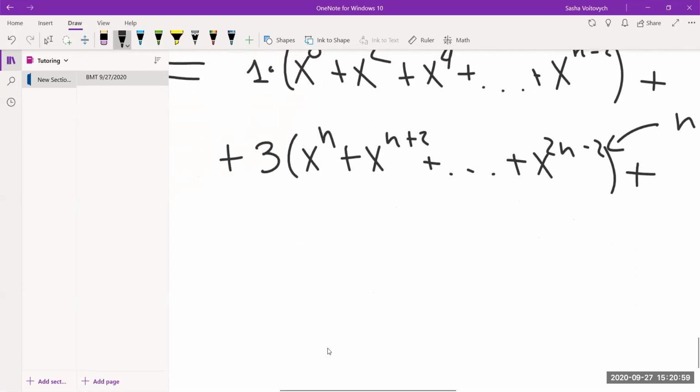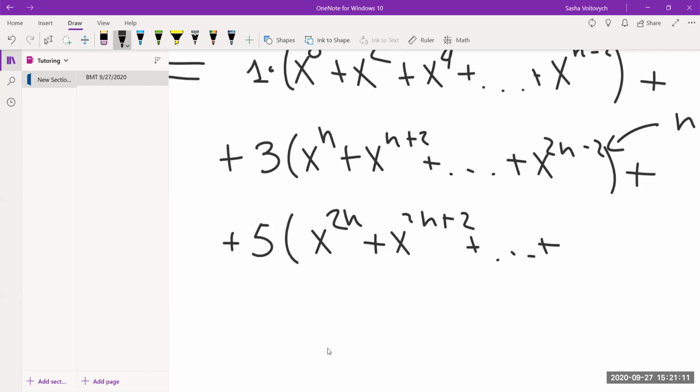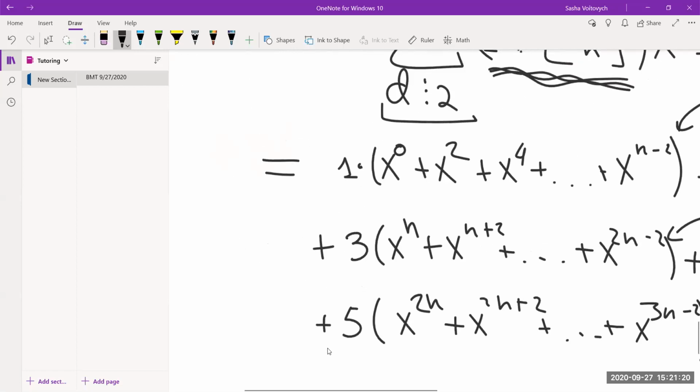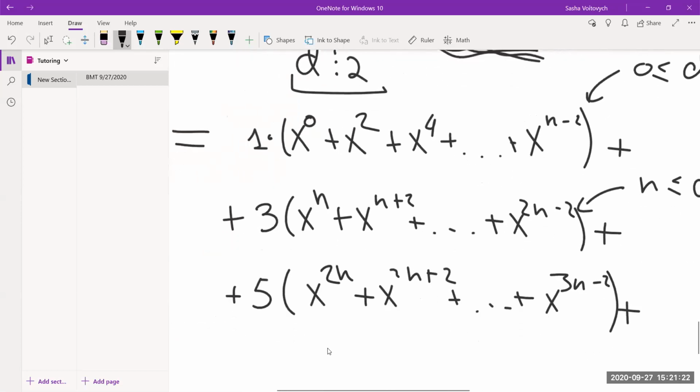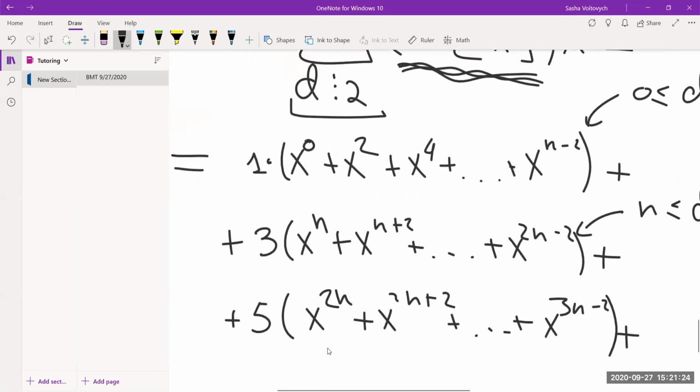So similarly, we will have 5 x to the power 2n, 2n plus 2, all the way to x 3n minus 2. So you probably already see a pattern. So this will be our generating function.